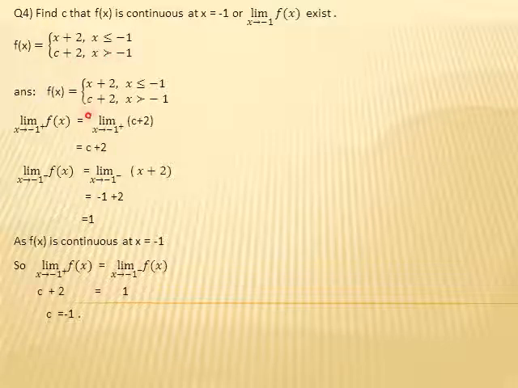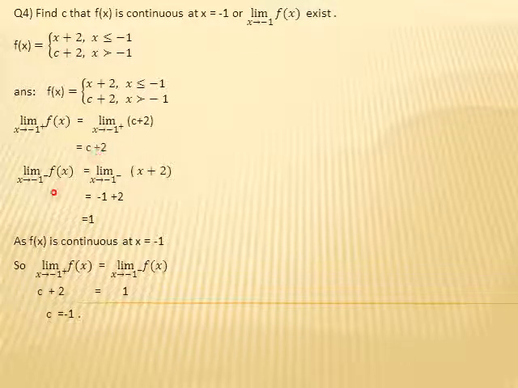Now look at this: minus 1 plus means it is coming from the right hand side, so we can use this function c plus 2.